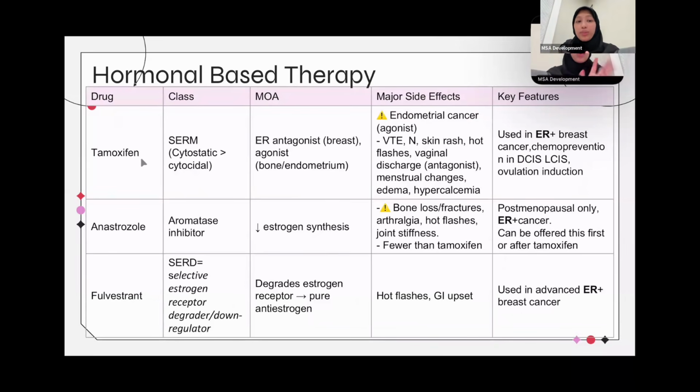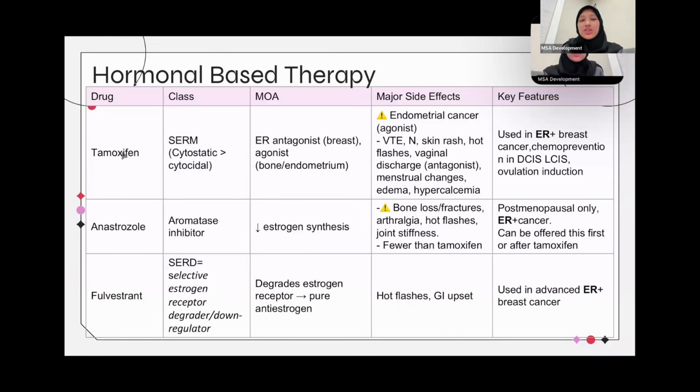You have hormone based. So tamoxifen is mainly like estrogen, I like to think of it, because it's a SERM. So selective regulator: some places it is an antagonist, at the breast, and it is an agonist on some other places, like the bone and the endometrium. If you remember, we talked about SERM, which was clomiphene citrate in the infertility lecture.